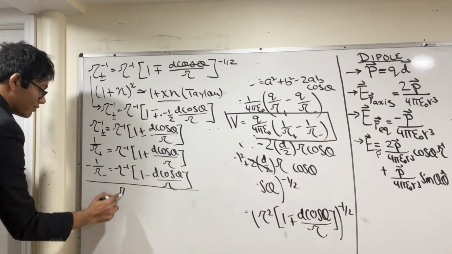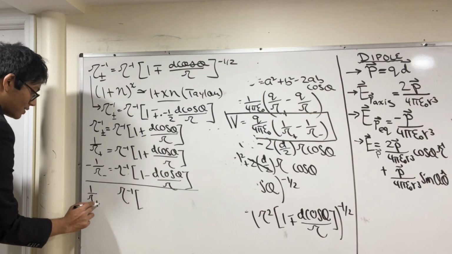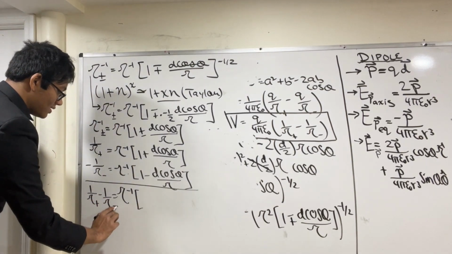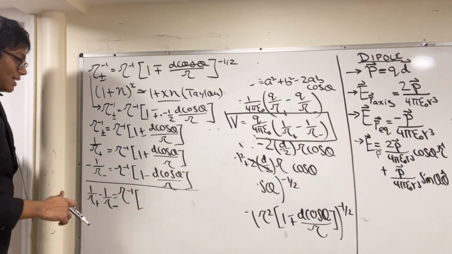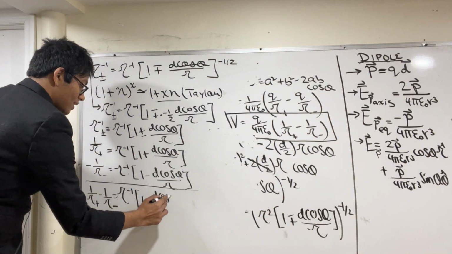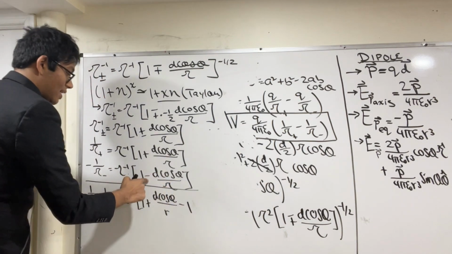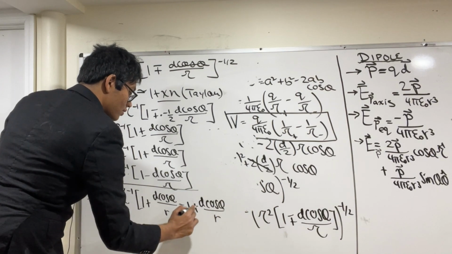I can factor out that r to the negative 1, right? So I'm going to have 1 over r plus minus 1 over r minus. Remember, I'm simply trying to find this for the whole sake of approximating this guy, approximating the answer to that guy. So I'm going to have 1 plus d cosine theta over r minus all of this, minus 1, and minus minus makes this a plus, d cosine theta over r.